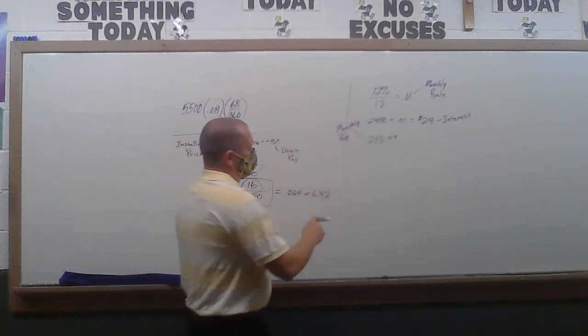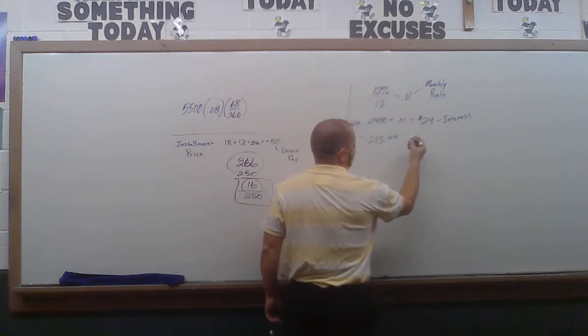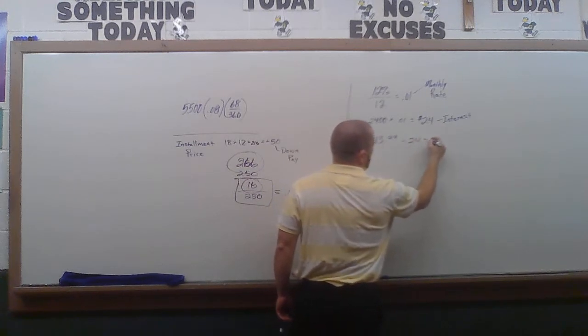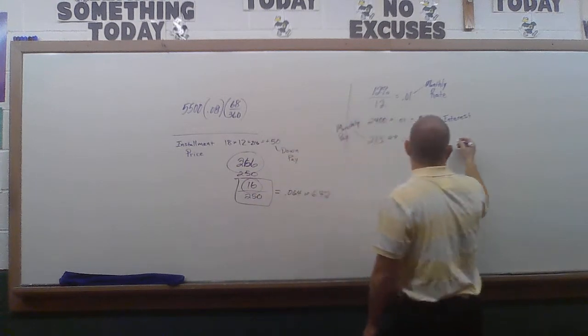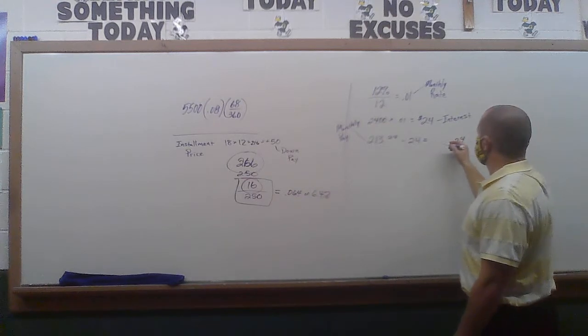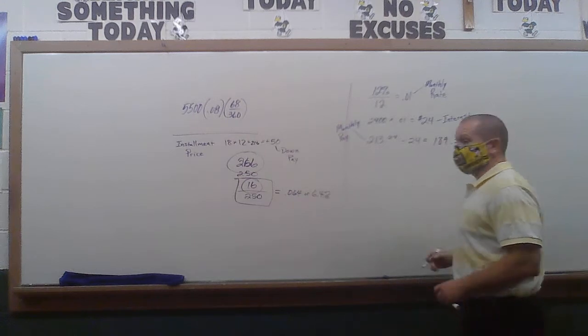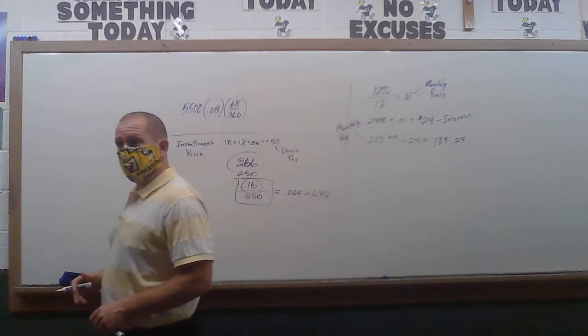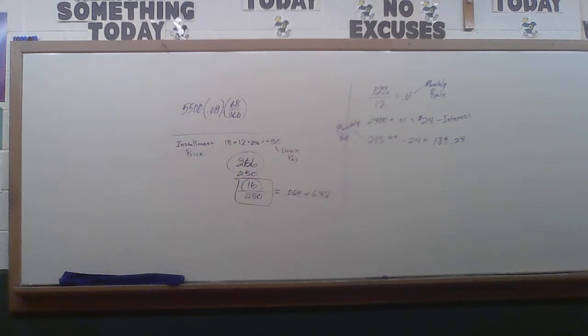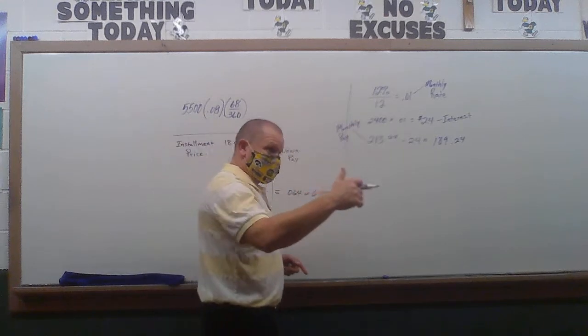Okay. So what am I doing with this? Subtracting 24 to find the amount applied to principal. So we should have $189.24. Now again, what's this mean? That's the amount that they applied to pay off the principal. Exactly right.